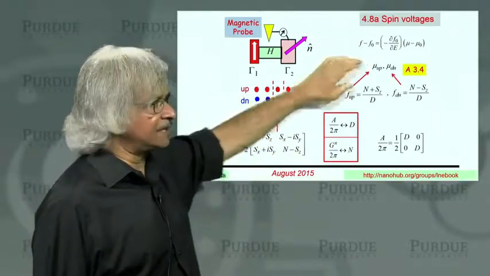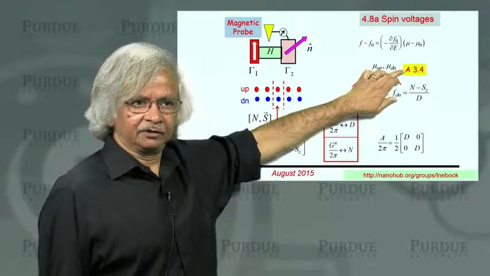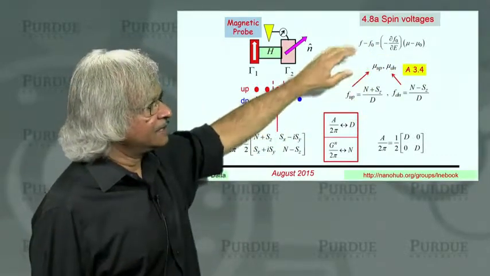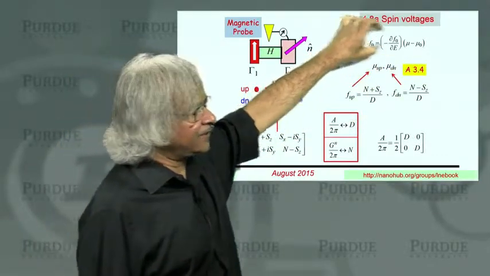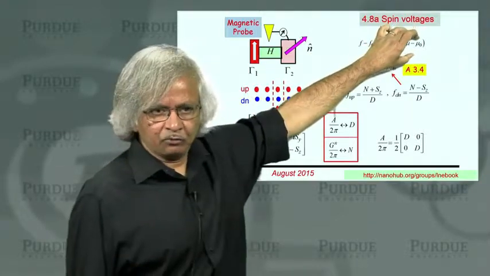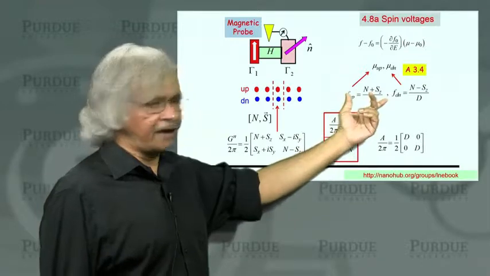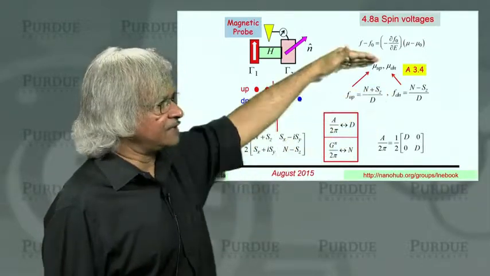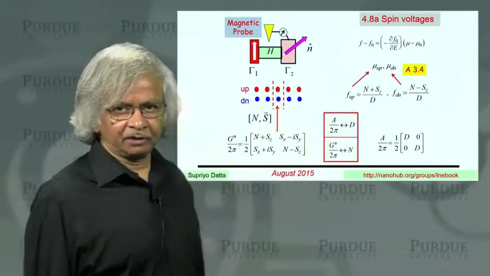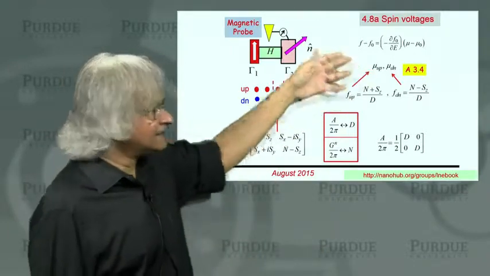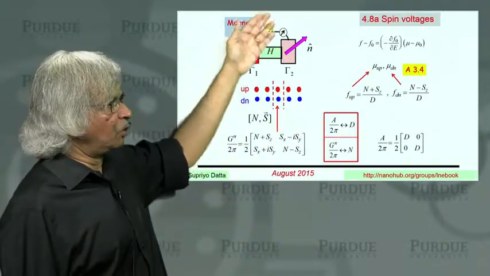I think we had discussed this in part A a little bit, that for low bias, the F's translate linearly into a mu. And so, a lot of the time our discussion will be in terms of F's, but the idea is that it can translate into an electrochemical potential. And this is what a probe would measure.